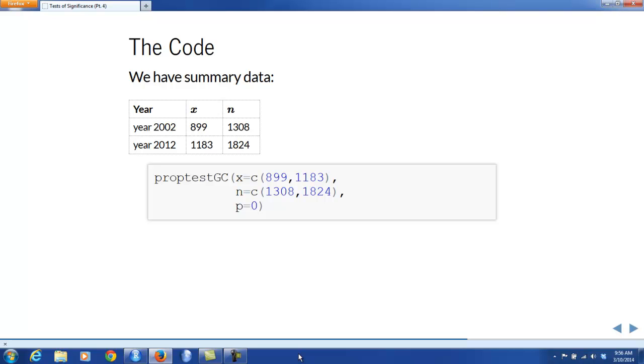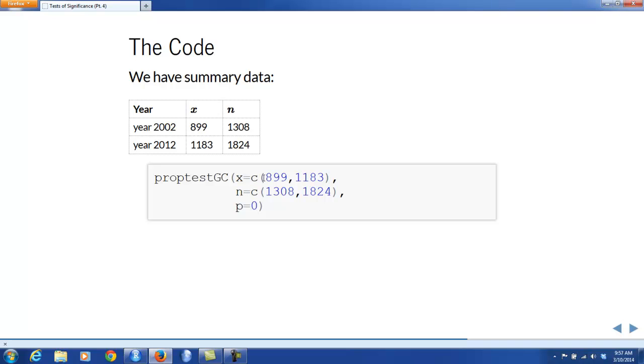As for the code, it's the same as what you would do if you had summary data and were interested in a confidence interval for P1 minus P2. You just need to put the summary data in correctly. So we call up prop_test_gc, the same function that gives us confidence intervals for the difference of two population proportions, and we use the x and n arguments the same way as we did for confidence intervals.